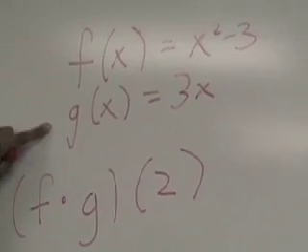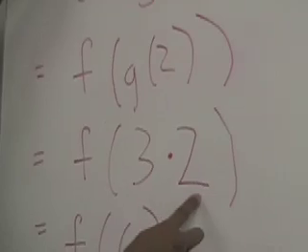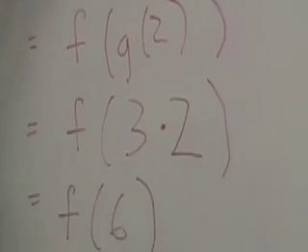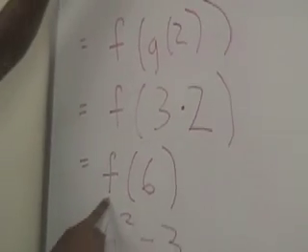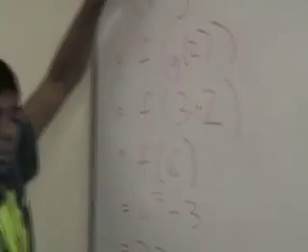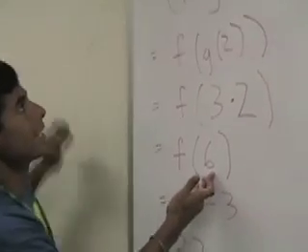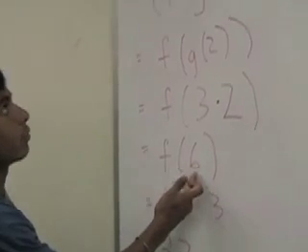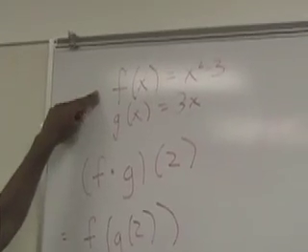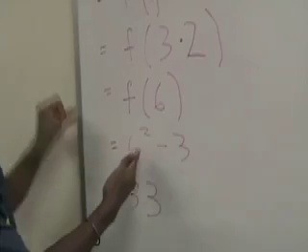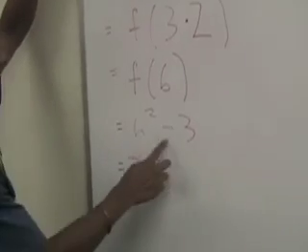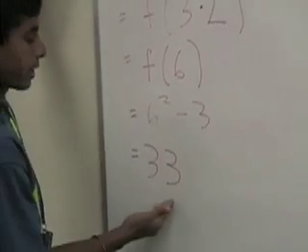Since g equals 3x, we do 3 times 2. We then have f of 6. Once we have this problem, we substitute a 6 in for x in f of x. Hence having 6 squared minus 3 equaling 33.